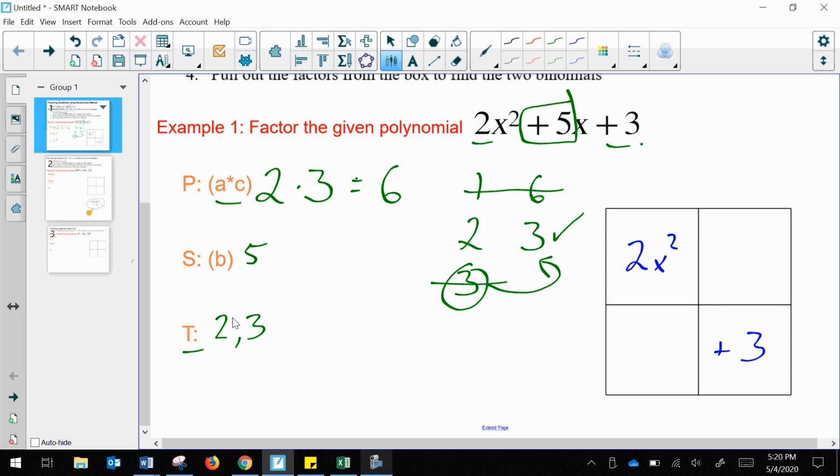Now I'm going to use my two numbers with my variable, so 2 and 3 with x, to fill in the top right and the bottom left. I'm going to put plus 2x and plus 3x. If I were to add up all of these terms inside of this box, it would give me the quadratic that I started out with.